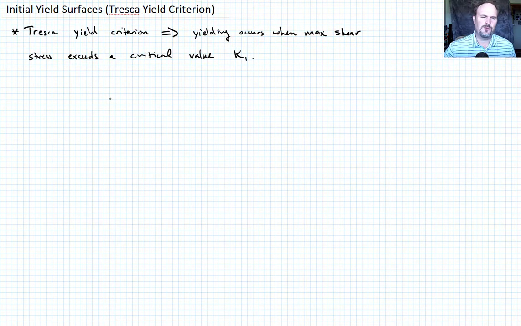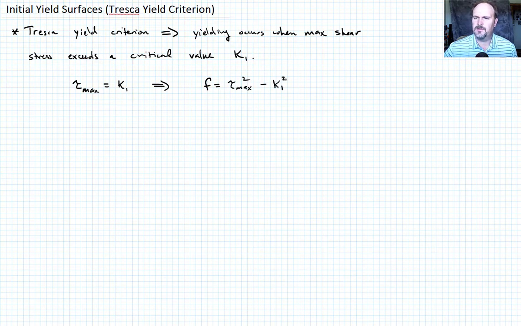So we could write that as yielding occurs when tau max is equal to K1, or as we write the yield function in a similar fashion to what we've done before, we might say that F is equal to tau max, the max shear stress squared, minus K1 squared. So when this quantity equals 0, then that's the yield surface.